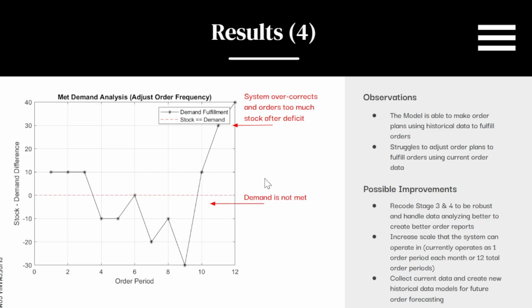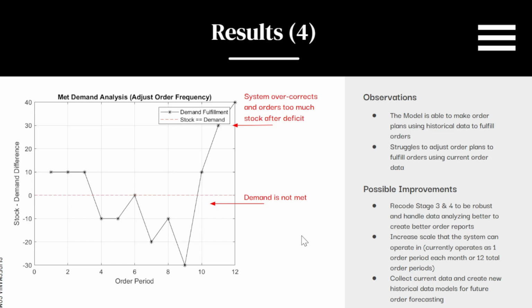And we think that if we're able to get that working, we could also increase the operation scale that this works in. We are assuming that one order period for us is once a month, so we have 12 total in our simulation. That is a bit flawed if we were trying to say this is a practical use for our system. So what we would want to do is maybe upgrade to 52 next, representing 1 week a year.